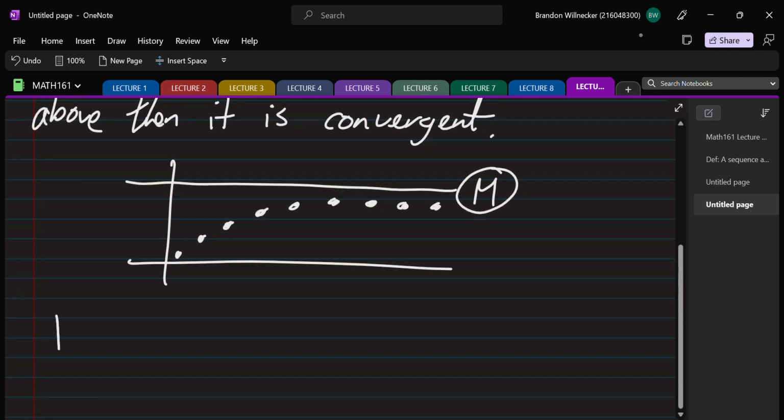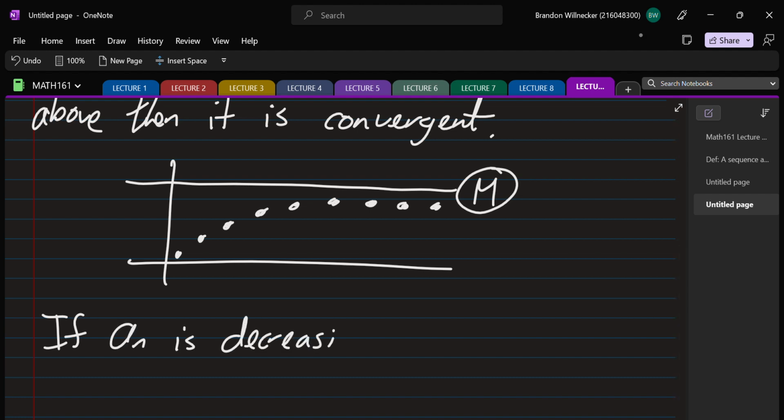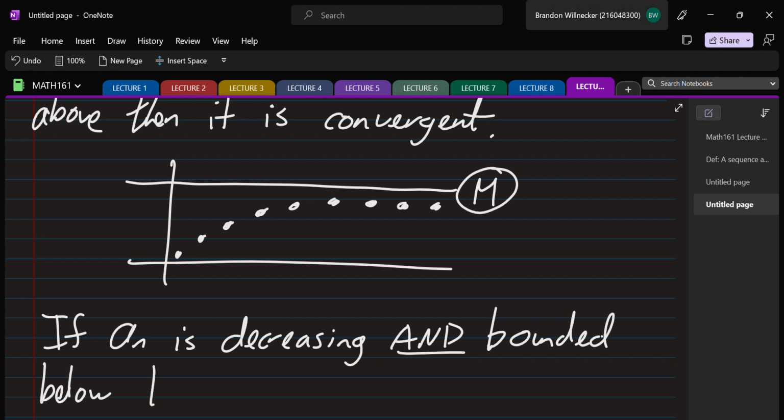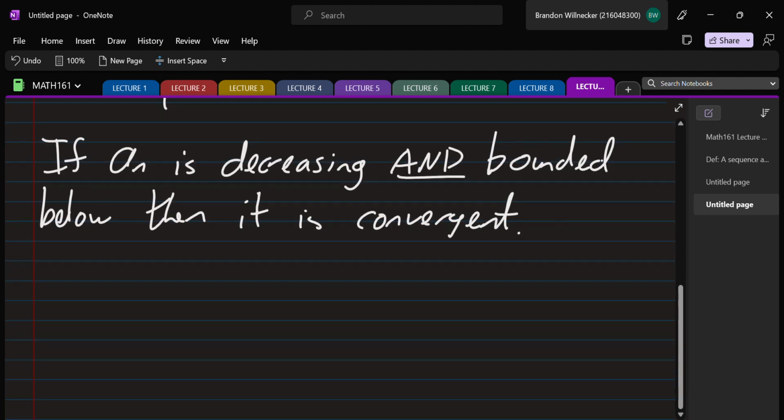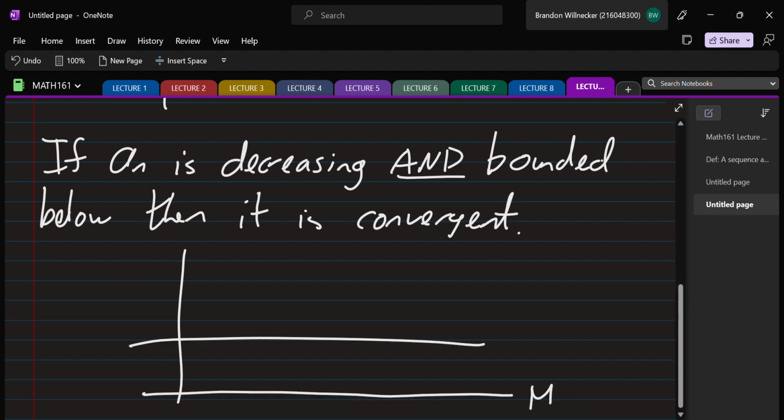And then for the second part, if an is decreasing and bounded below, then it is convergent as well. The picture is very similar to before. We have our sequence and some lower bound, let's say it's over here. It's decreasing, so it looks something like this, but it never goes below this value.